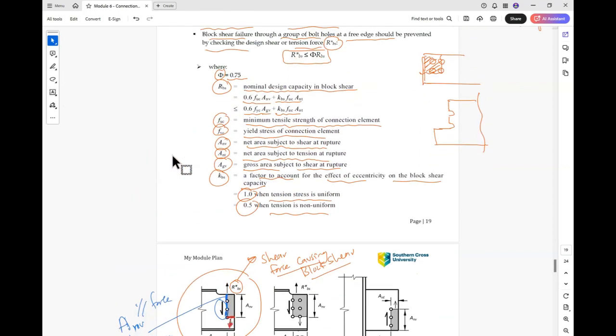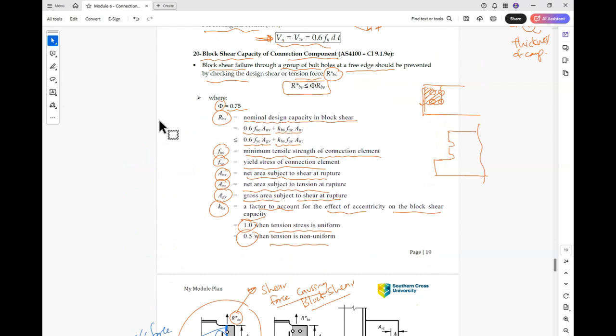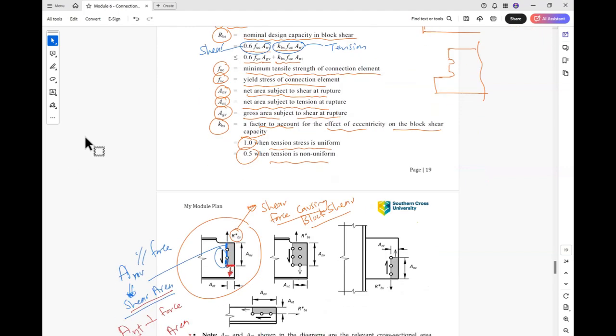So if we return back to the formula, we have two parts of the formula. The first part is for shear, the second part is for tension. So this is the strength against block shear failure: part for shear, part for tension.